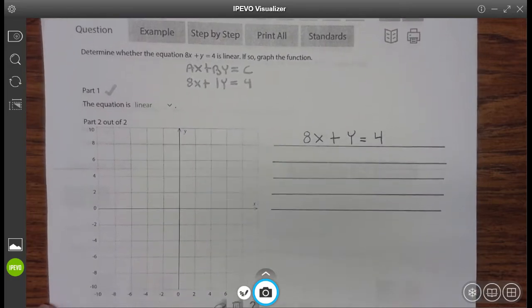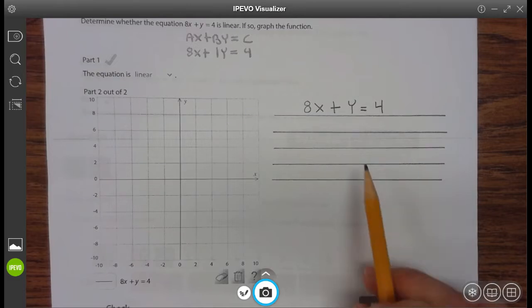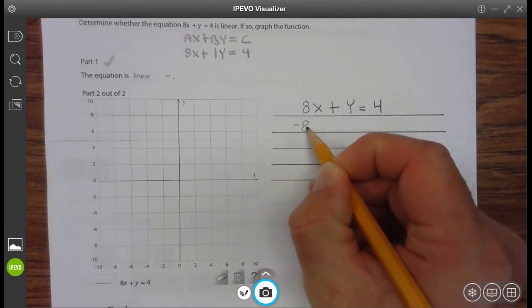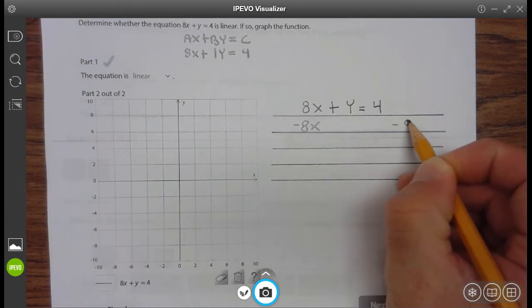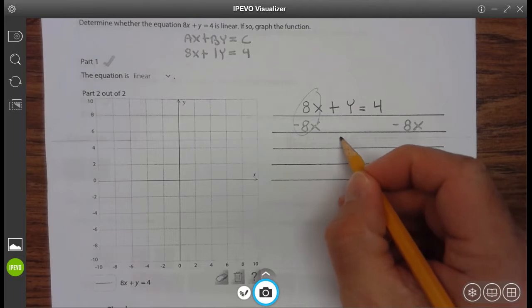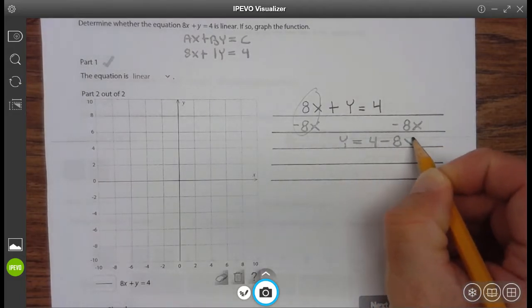All right, part 2. We're going to graph the equation. Now, before we can graph 8x plus y equals 4, we need to solve for y. So we're going to subtract 8x from both sides. And so 8x minus 8x is 0, so you're left with y equals 4 minus 8x.